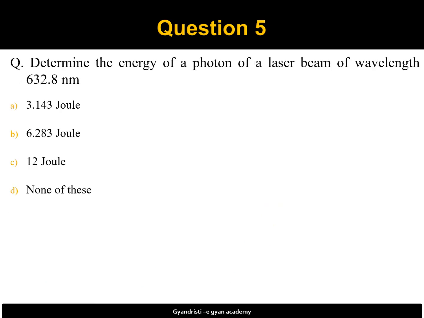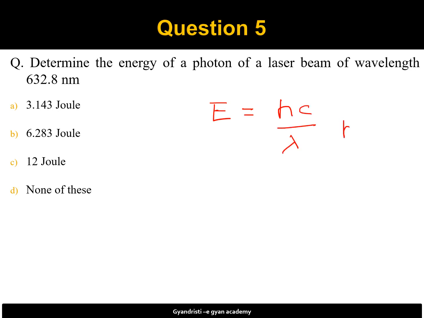In question number 5, we have to determine the energy of a photon of a laser beam of wavelength 632.8 nanometer. So in this question, we have to calculate the energy of the photon. The energy of the photon E is related to the wavelength by the relation E is equal to hc by lambda.